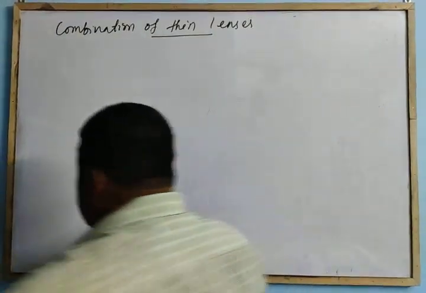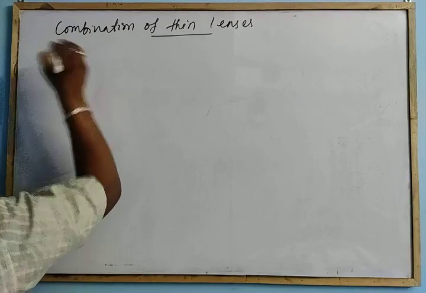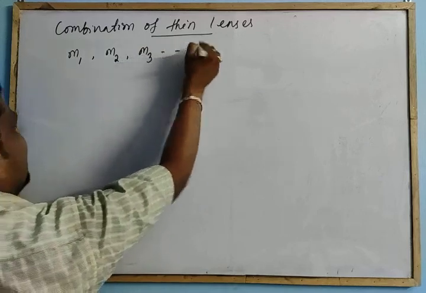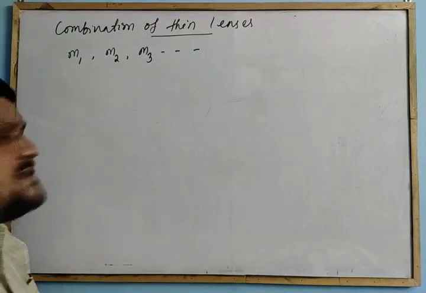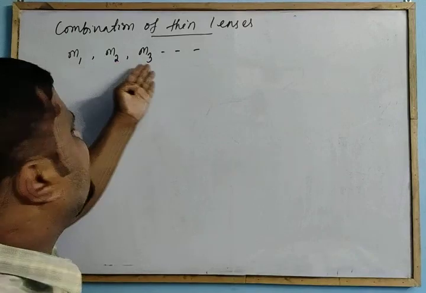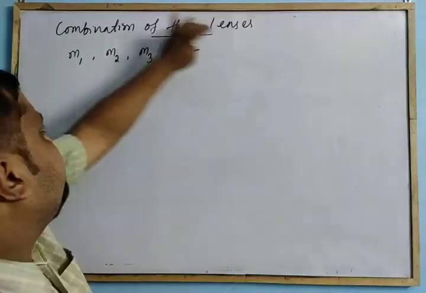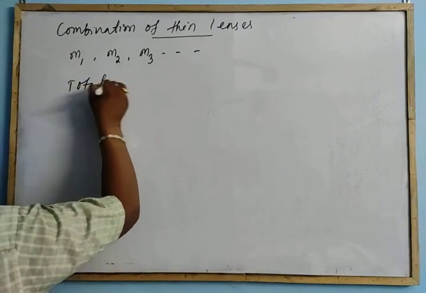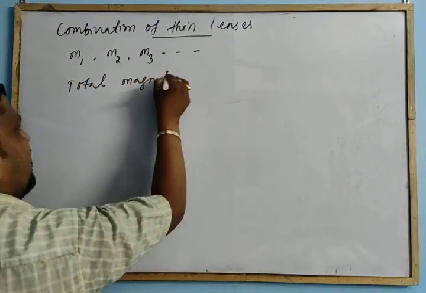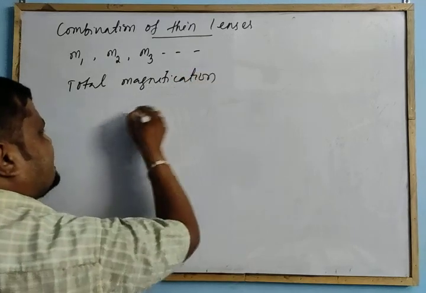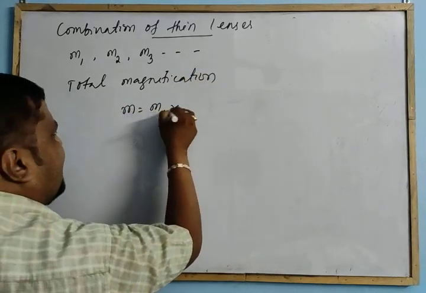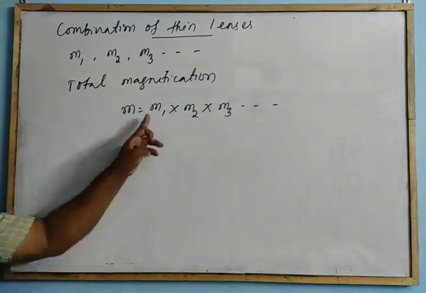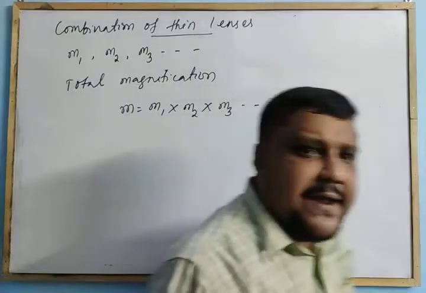So if the magnifications produced by each lens are M1, M2, M3 like that, these are the number of thin lenses whose linear magnifications are M1, M2, M3. Then when you combine those thin lenses, always remember the total magnification M is the product of the magnifications produced by the individual ones.